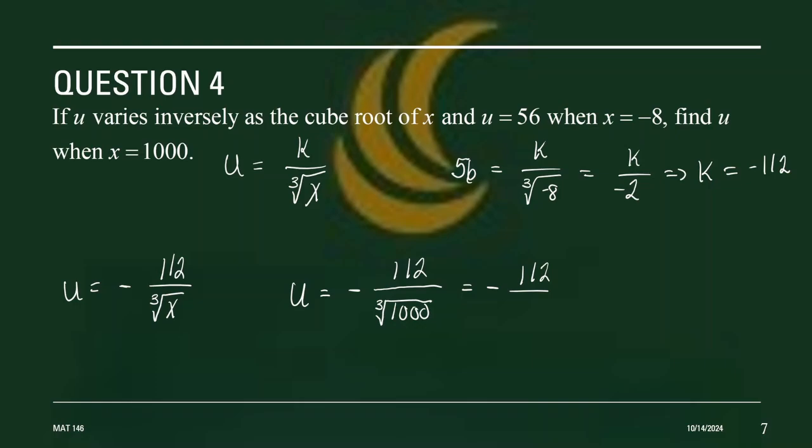Cube root of 1,000. 10. Oops, not 2. Negative 56 over 5.